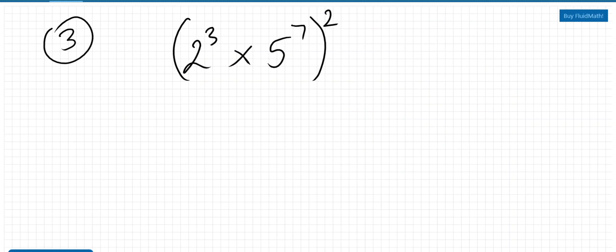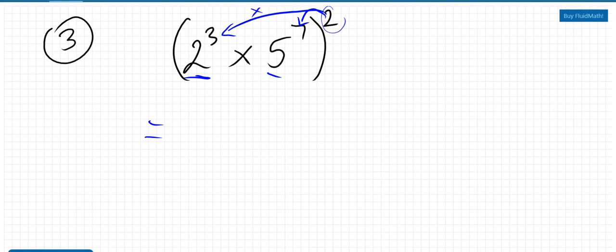Okay, so now try this one. Remember, just multiply every power with the power outside the brackets. Inside my brackets, I can see I've got 2 different bases, a 2 and a 5. That's fine. The power out here is a power 2. I have to always use arrows so you don't forget. I have to go 2 times the 7, but also 2 times that 3.